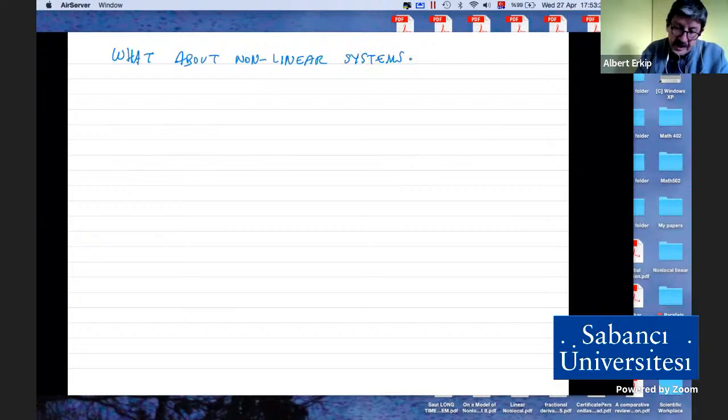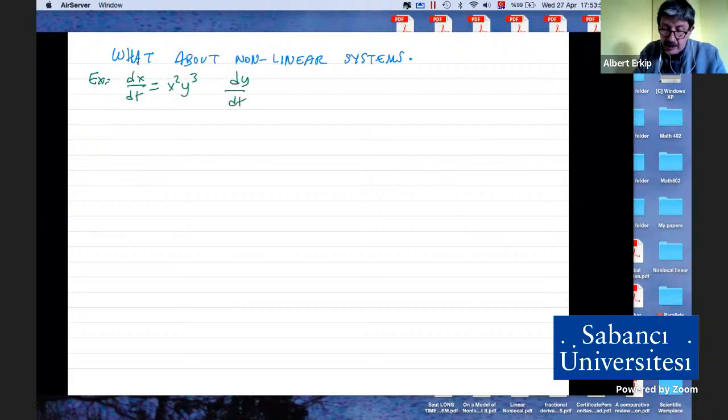Okay, I'll start with an example. I have prepared a few things here. dx/dt equals x squared y cubed, and dy/dt equals x cubed y squared. This is my nonlinear system.